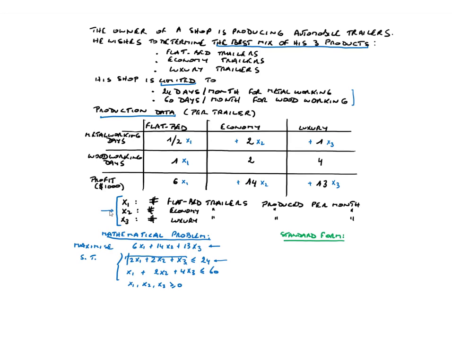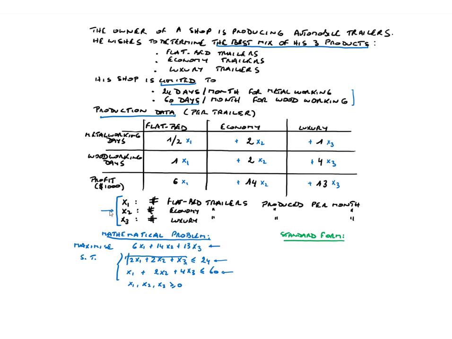So x1 plus 2x2 plus 4x3 is now limited to 60 days a month, and this yields this second constraint. Of course, the variables x1, x2, and x3 are non-negative.